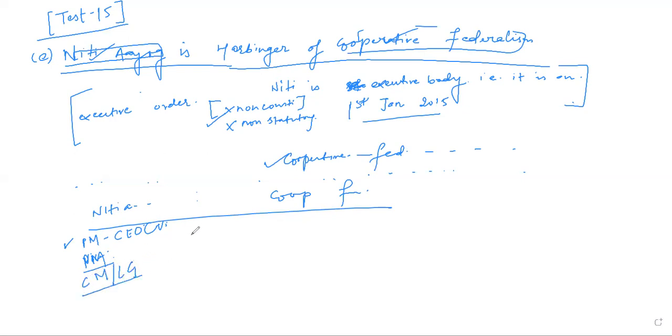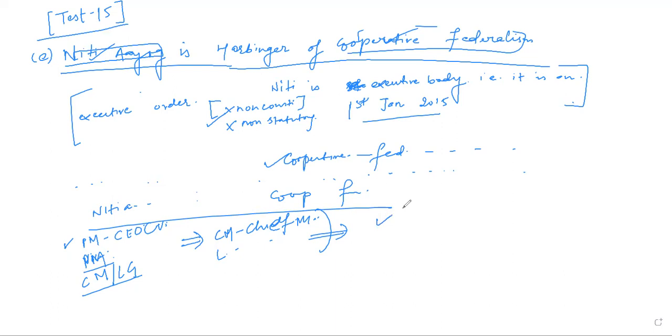I've seen in the copies that you write CM and LG. No, you need to write Chief Minister and Lieutenant Governor in full, because abbreviations give a wrong impression on the examiner. If the structure is understood, you will understand there is cooperation.